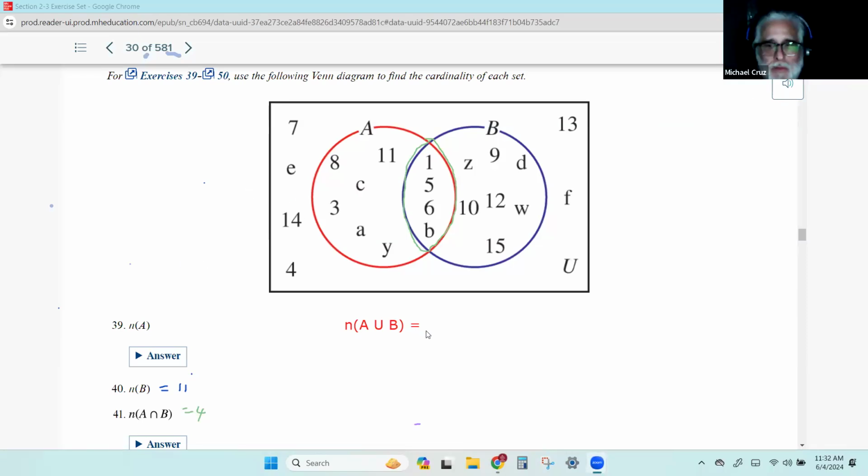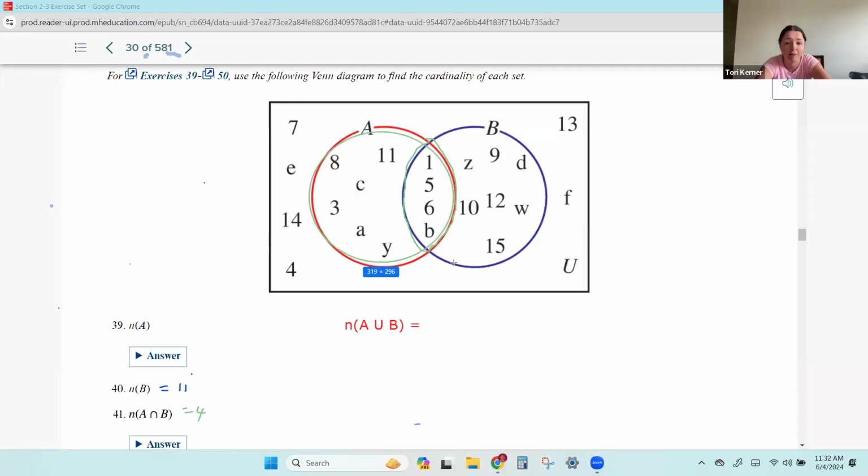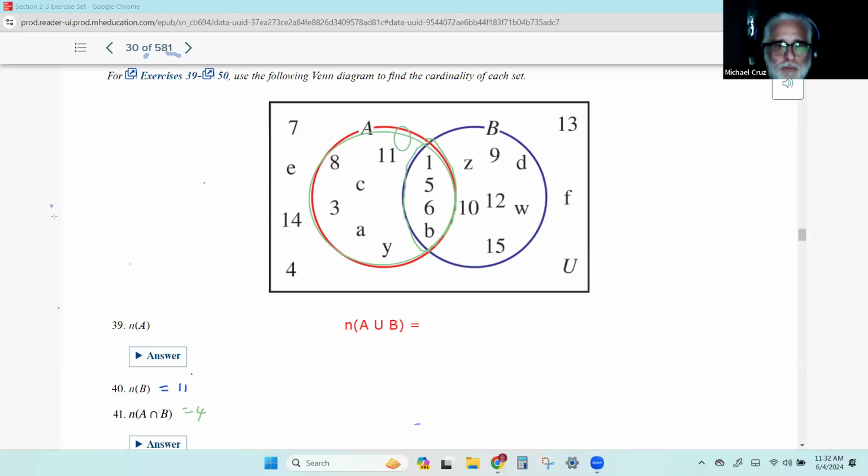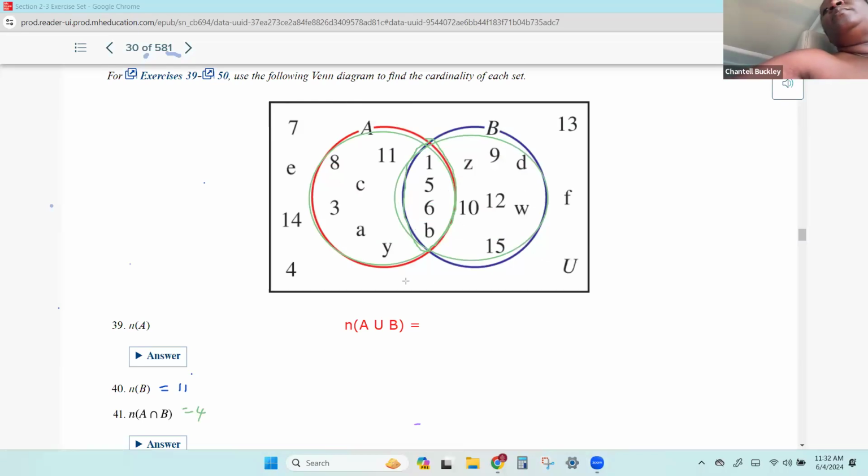17? All right. So A union B refers to which part of the graph? Everything in A, and here's B. So A union B is anything that's in both circles. The intersection is the one where they overlap.